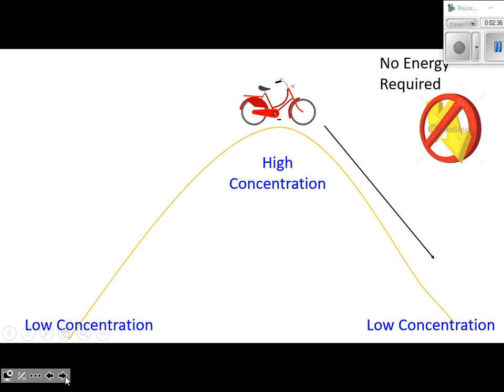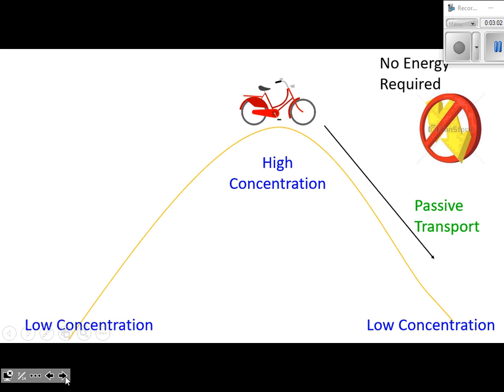What did we say it was? Passive transport, right? So this section is passive transport right here. An area of high concentration to an area of low concentration with no energy required. I am undergoing passive transport.